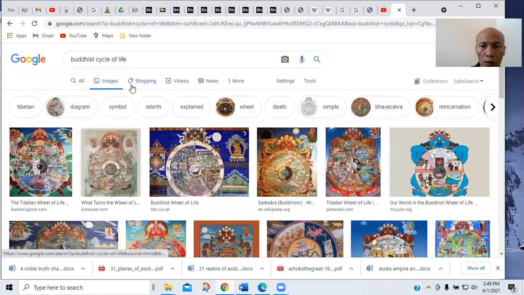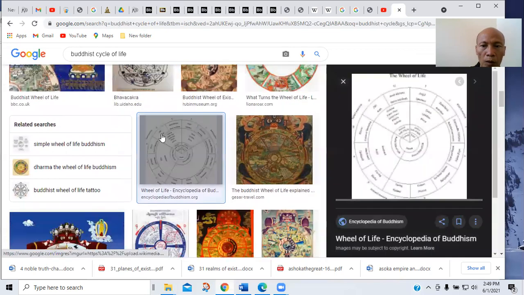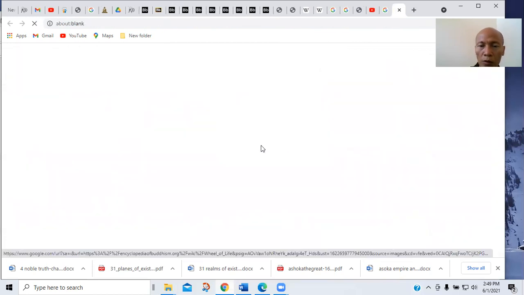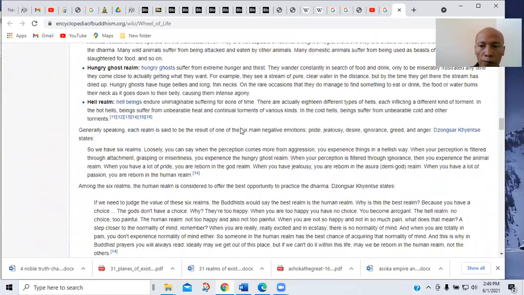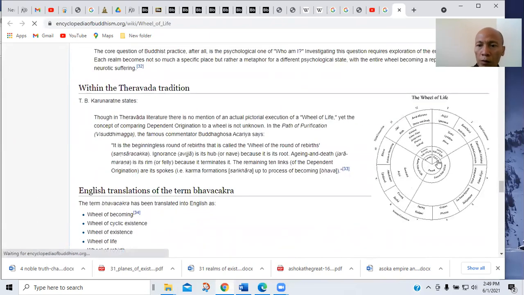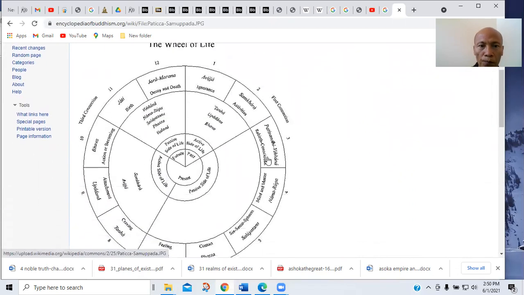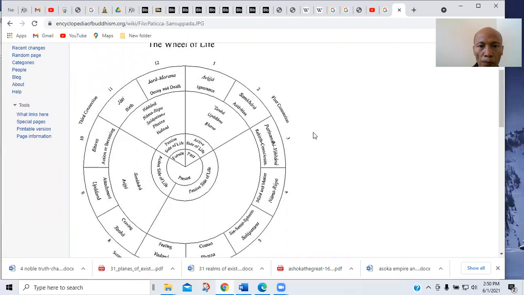And here we can see in Buddhist view, let me click on here so you can see more clearly. So here, in Buddhist view, there are 6 types of rebirth. So this is a cycle, the 12 links of conditions.